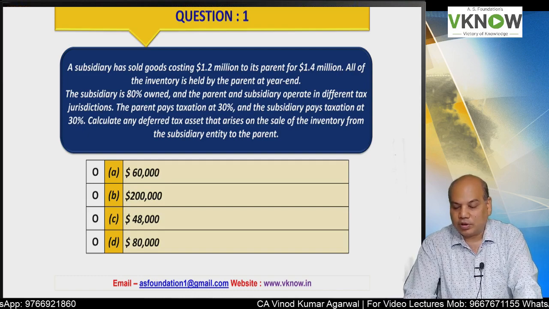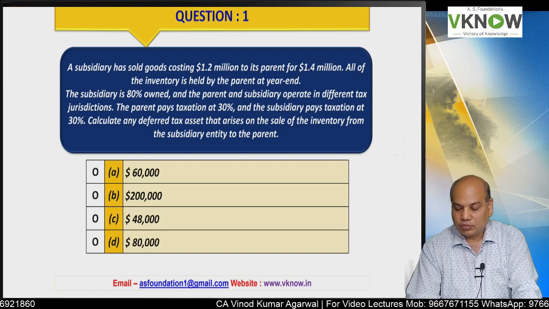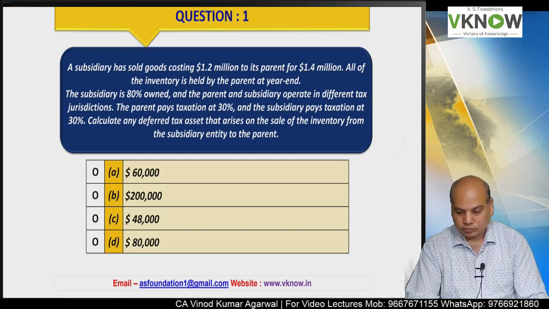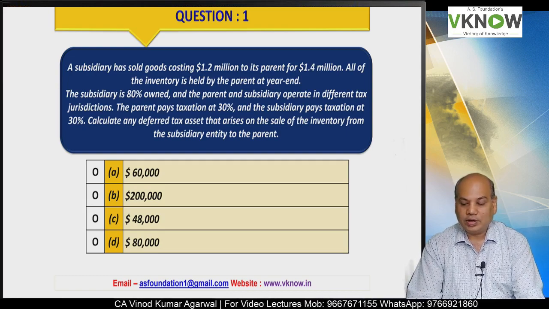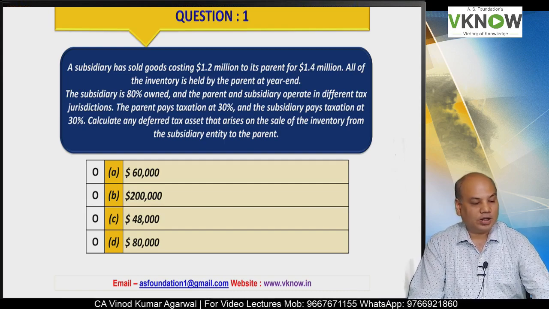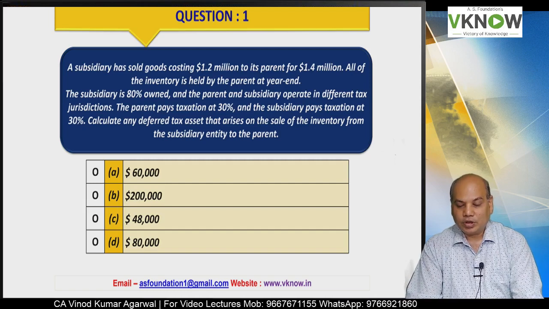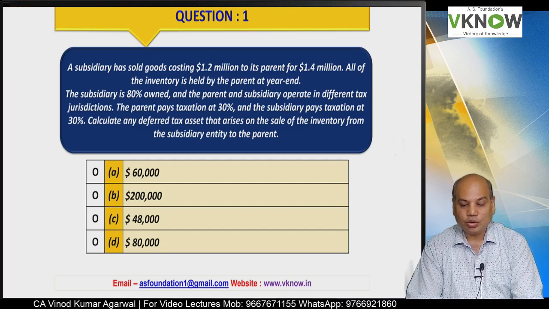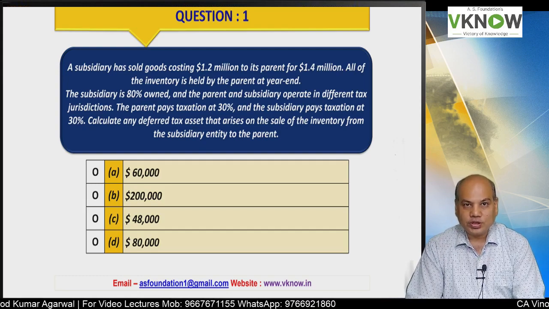Important question number 1. A subsidiary has sold goods costing $1.2 million to its parent for $1.4 million. All of the inventory is held by the parent at the year end. The subsidiary is 80% owned and the parent and subsidiary operate in different tax jurisdictions.